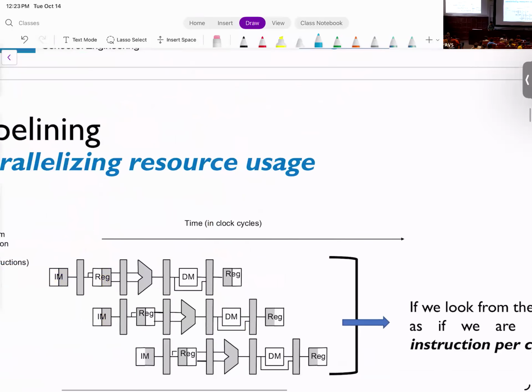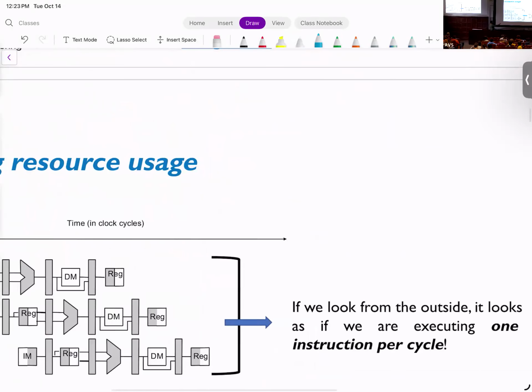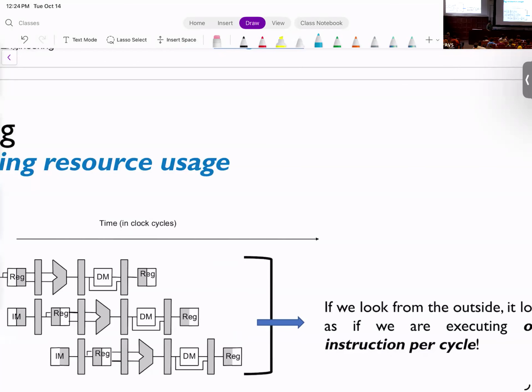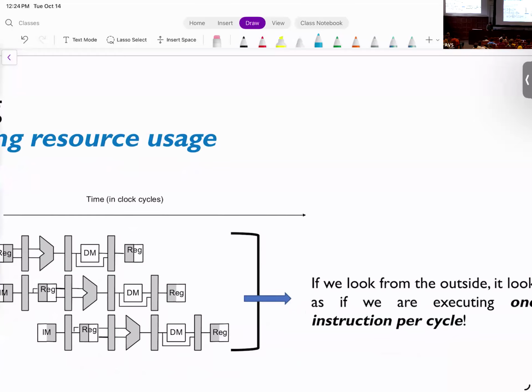All right, so how does this help? If I'm looking from the outside, at the instruction that leaves the pipeline, if I manage to fill the pipeline and insert a new instruction at every clock cycle, then once the pipeline gets full, from the outside point of view, I'll see one instruction at a time coming out of my pipeline, right?